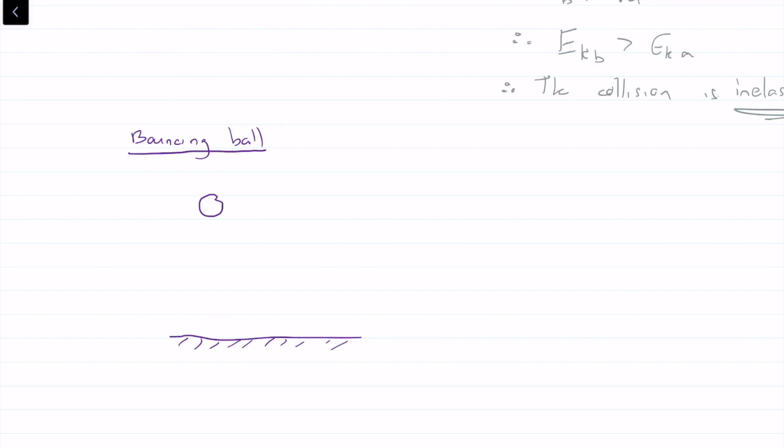Okay, and let's say the mass of the ball is 1 kg, velocity initial, let's say, is equal to 5 meters per second, and then it hits the ground at some point, and then when it leaves the ground, velocity final is equal to, let's say, 5 meters per second.